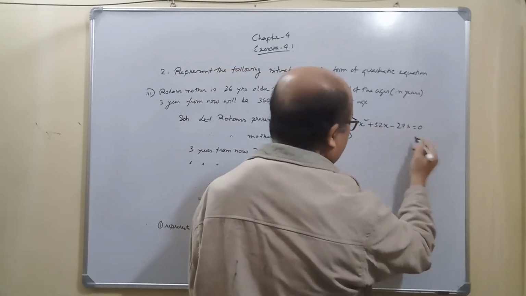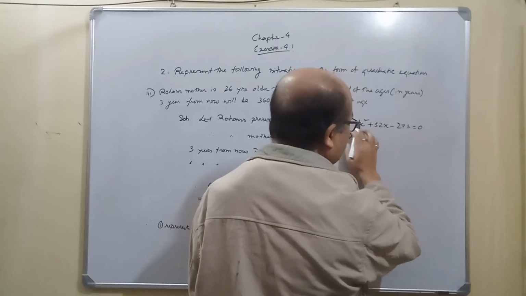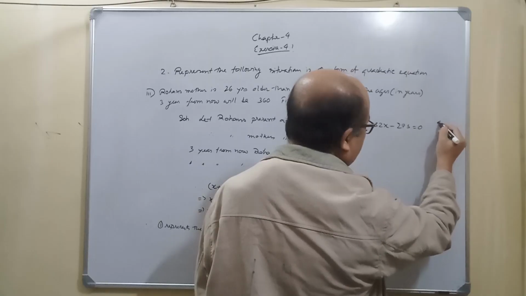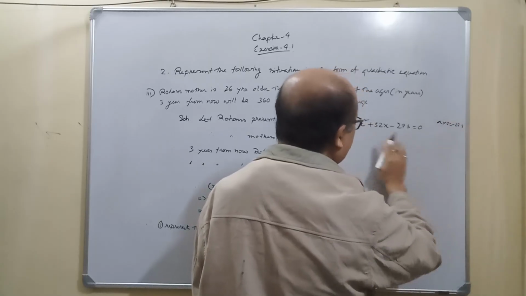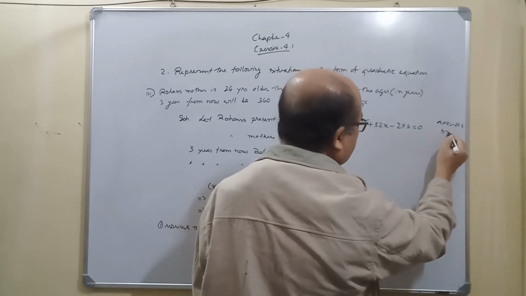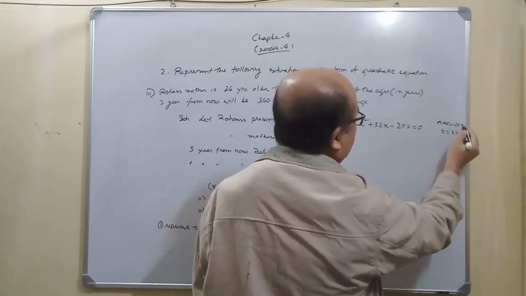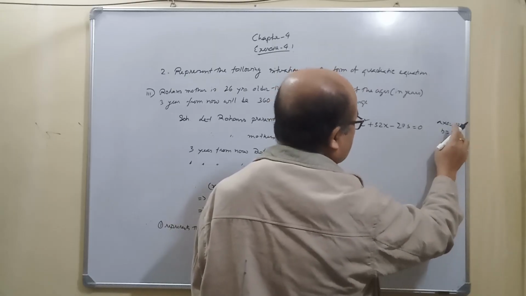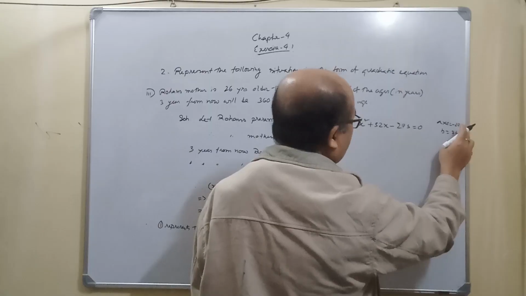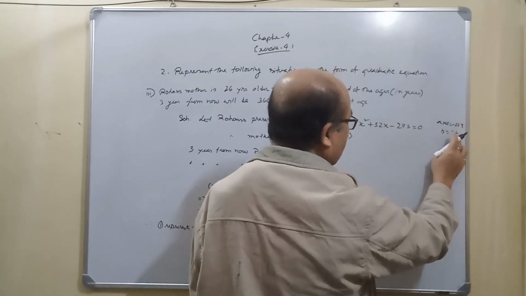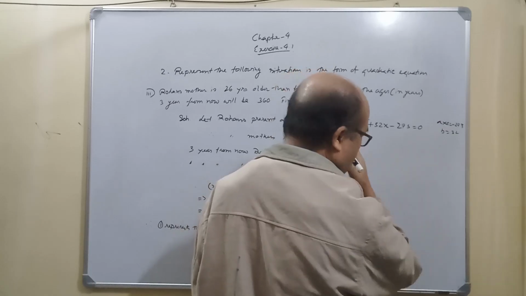Here a is 1, c is minus 273, so a into c is minus 273 and b is 32. So we need two numbers whose product is minus 273 and whose summation is 32. So what are those numbers?